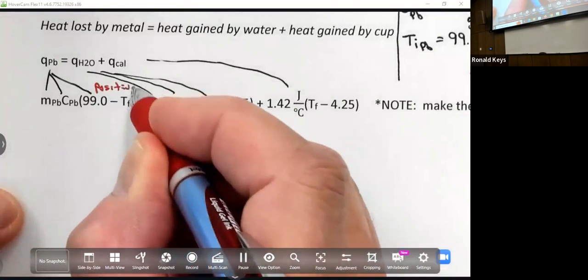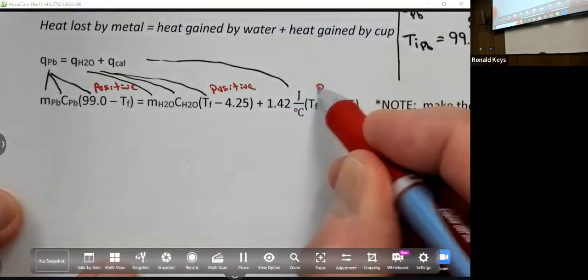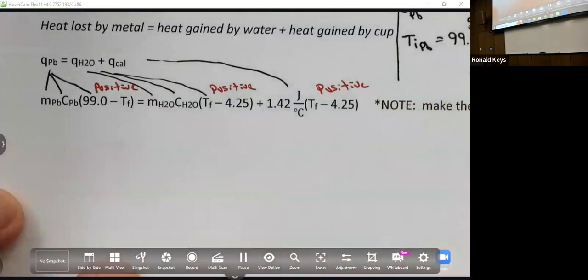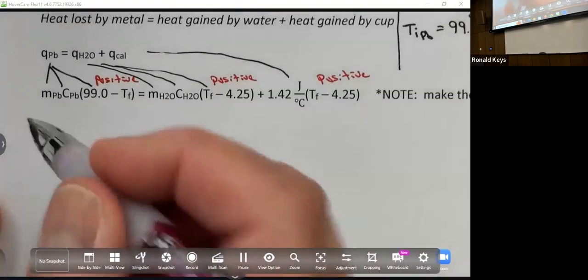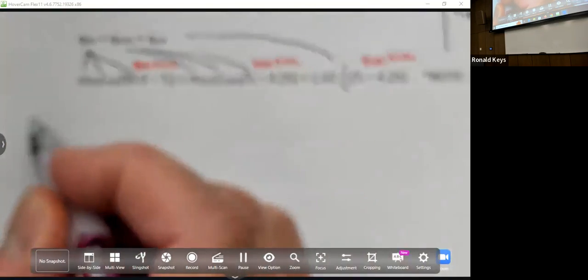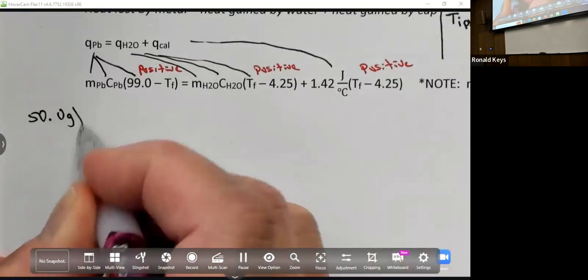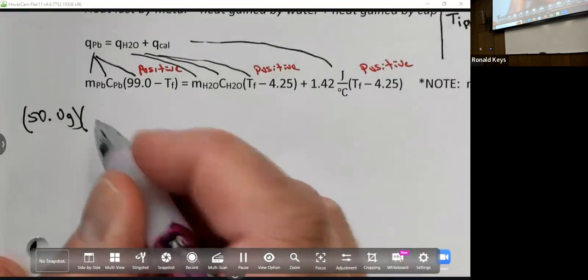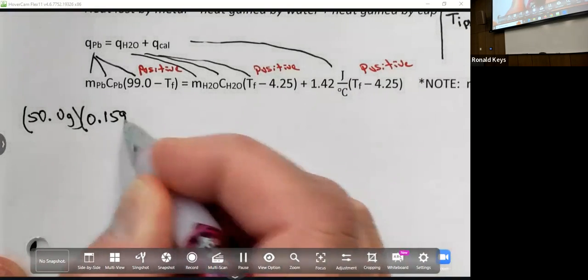As long as you make this positive. All right, let's substitute in here. I'm not going to write down as many numbers this time. So the mass of our lead here is 50 grams. Let me move this over to the left here. So we've got 50 grams. Specific heat of lead is 0.159.